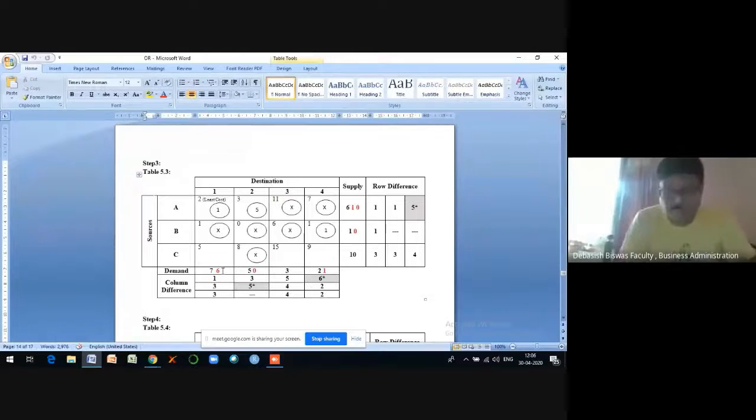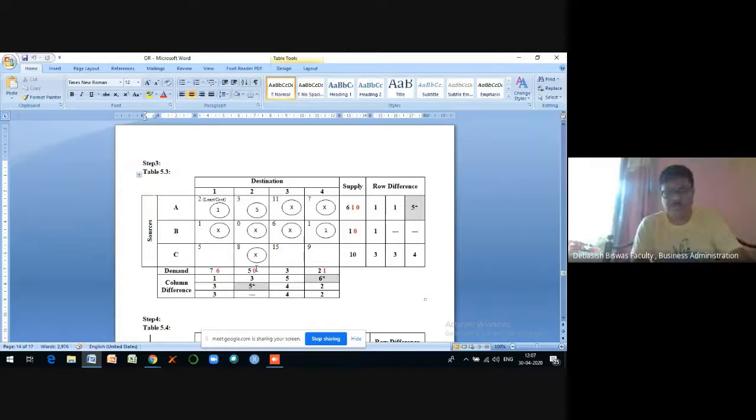So when we will be forming the next table, we will not consider the first row because it has now become 0. We will not consider the second row because it has also become 0. We will not consider the second column, because it has now also become 0.